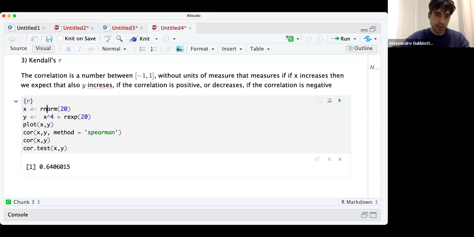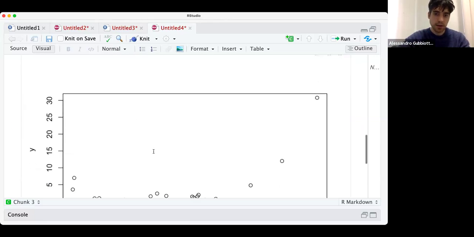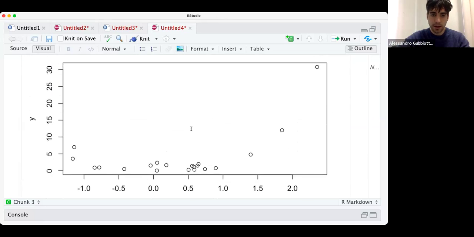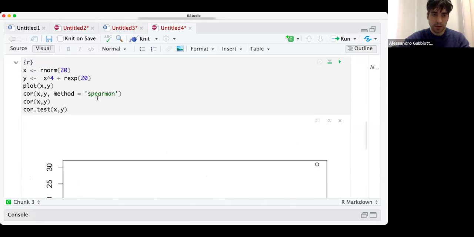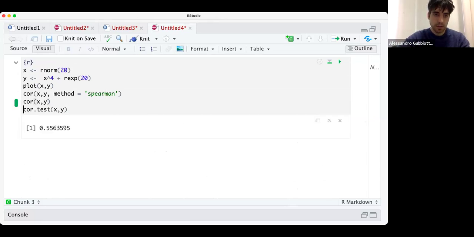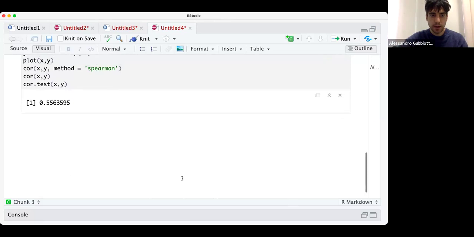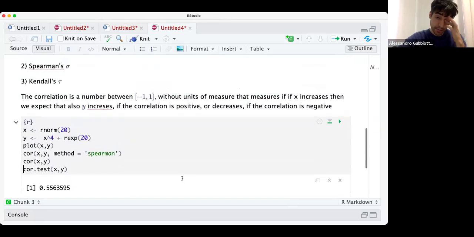Let me, sorry, I haven't updated my variables x and y, so now they are more like this. And let's try to see. Okay, still the Pearson's is higher.